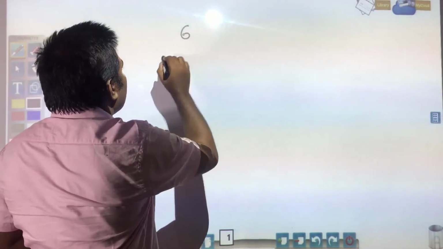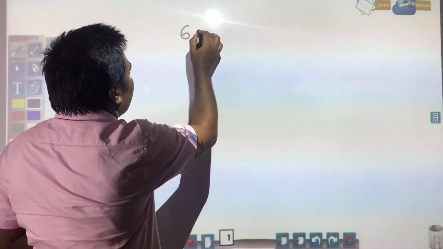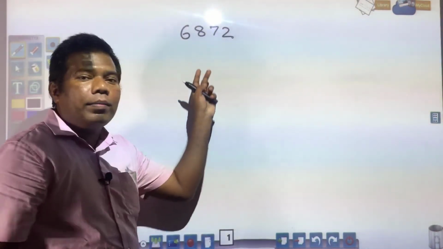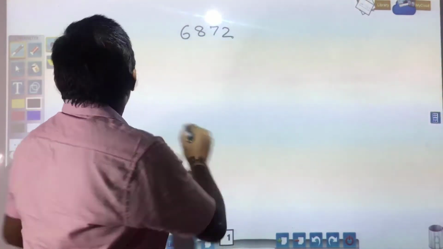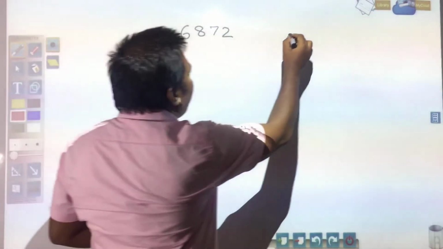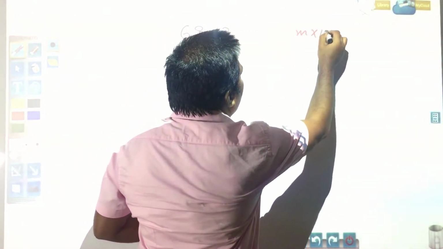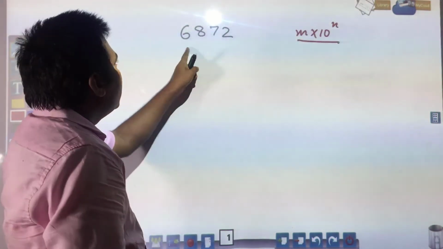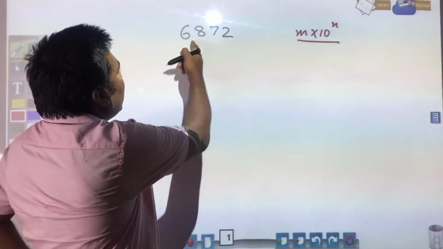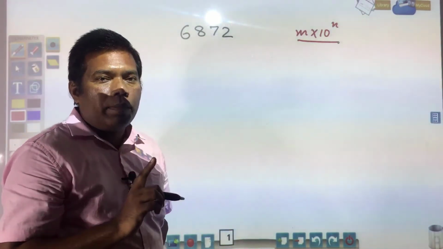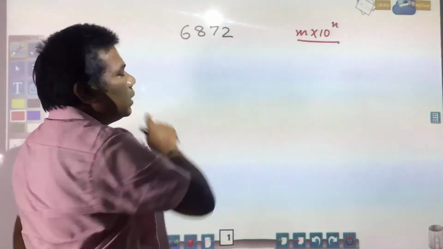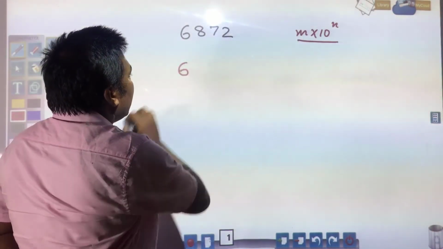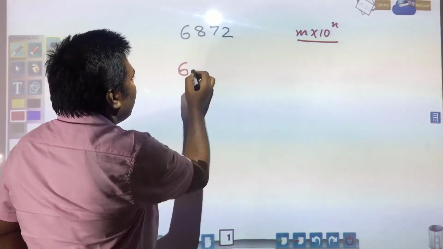Suppose we take this number, 6872, and it is required to be expressed in the form m into 10 to the power n. What we need to do is put a decimal just after one digit.